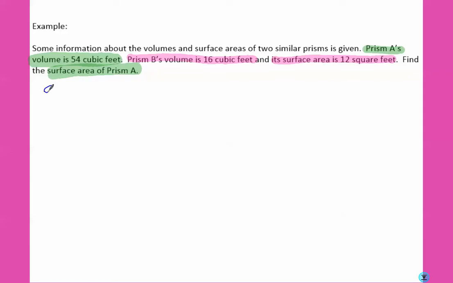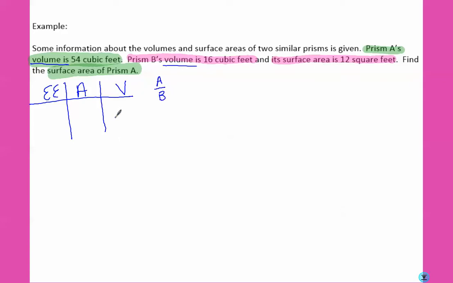So let's start with my chart. What information was I given about both prisms? I was given the volume of both. And I'm going to put them in this ratio as A over B, just because A is first in the alphabet.